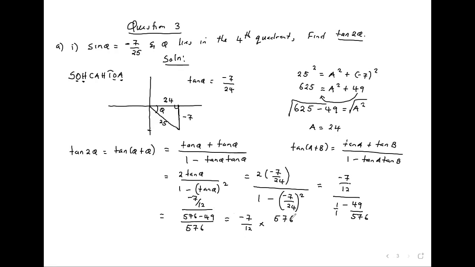So multiply 576 by 7, you get negative 4032 over 527 by 12, which is 6324. You can simplify if you want.